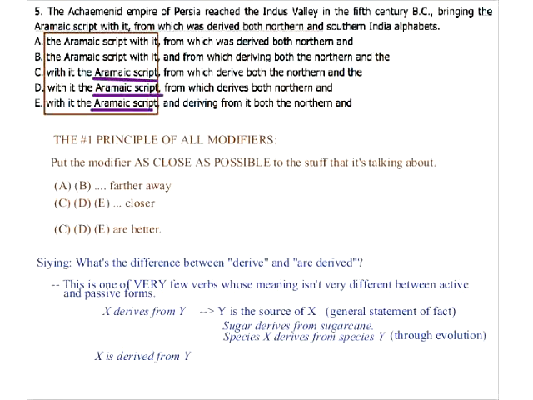The difference with the passive voice is, like other passive voices, it's restricted to cases where literally it's done by someone or something else. So Y, like this, is actually performed usually by people. So it's okay to say sugar is derived from sugarcane, because that's true. I spelled sugar wrong. I'll fix that.